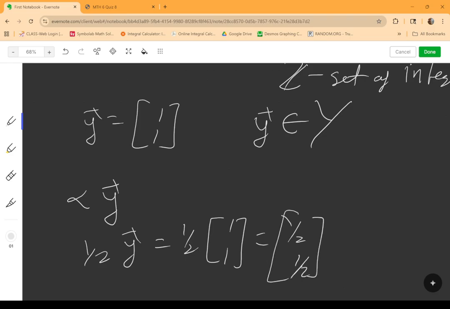Here I get two rational values, so that is not an element of W. So it is not closed under scalar multiplication. That is how you show that one of those properties does not hold, and then it is not a subspace.